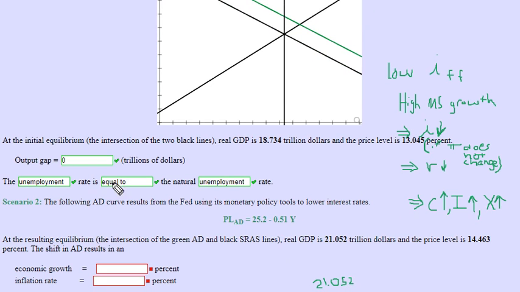And the new price level is going to be maybe up here somewhere: 14.463. The old price level was 13.045, and the old GDP level was 18.734.